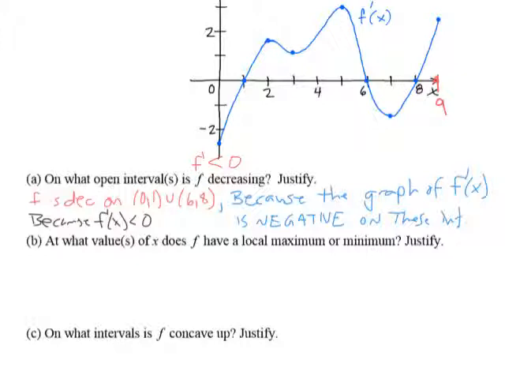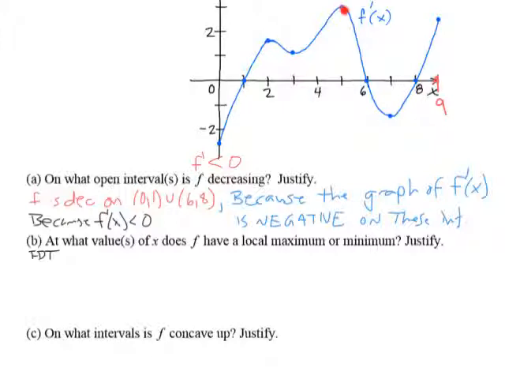Okay, at what values of x does f have a local maximum or a minimum? And we can use f prime, the first derivative, to find the local max and min by using the first derivative test. And remember, the first derivative test says that if the derivative changes from negative to positive, then we are going to have a local minimum.